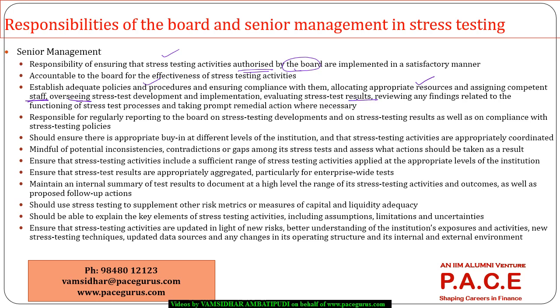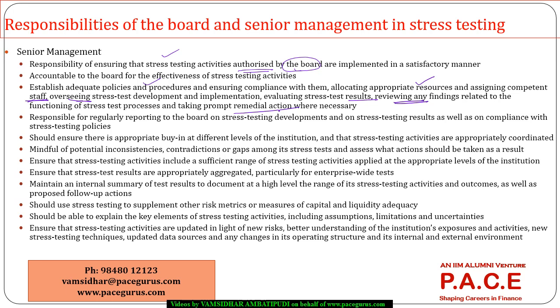The results of the stress testing, what are the interpretations, what are the outcomes of the stress test? They need to evaluate the goodness of the results of the stress test. Any findings coming from each of the stress tests, they have to link with the functional aspect, and finally any action that needs to be taken based on the result has to be kicked off immediately.